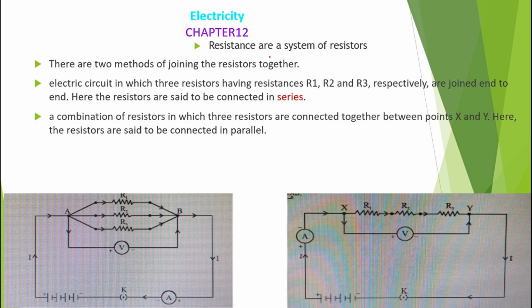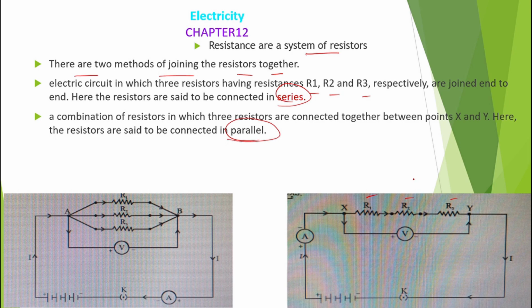Resistance in a system of resistors. There are two methods of joining the resistors together: one is series, another one is parallel. Take R1, R2, R3, three resistors. Join these resistors in series, that means in one single line.